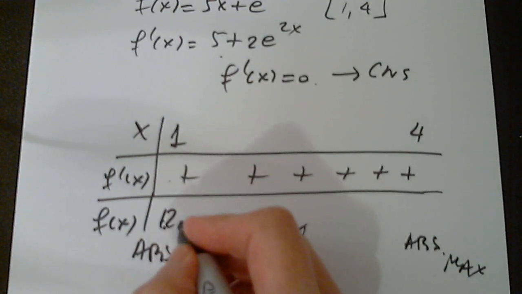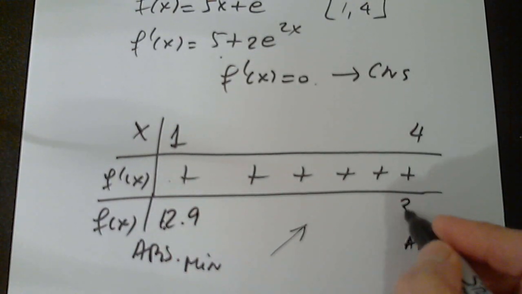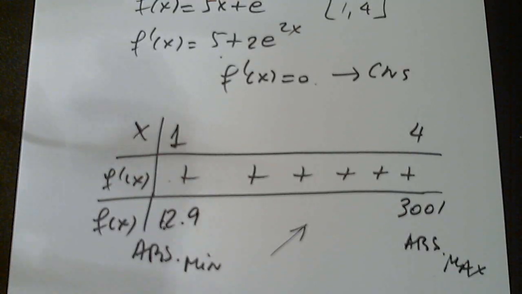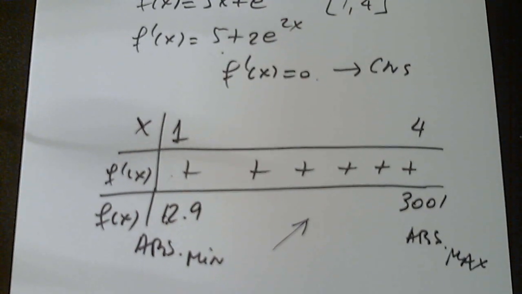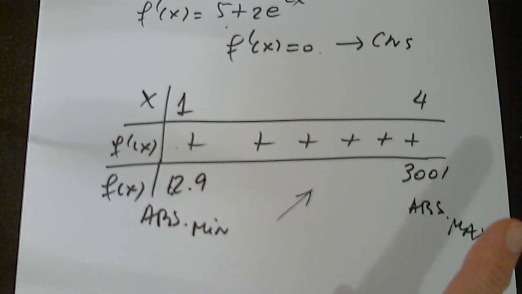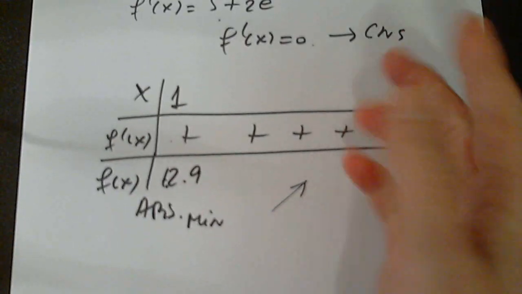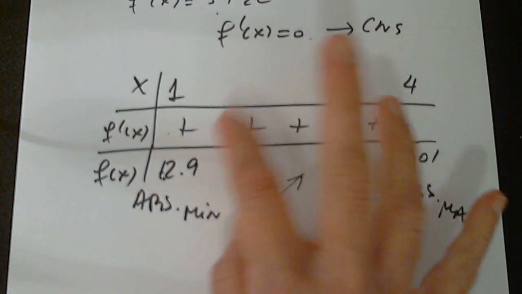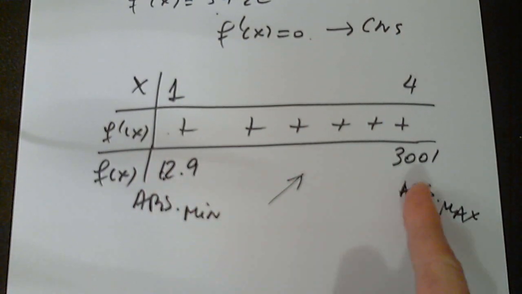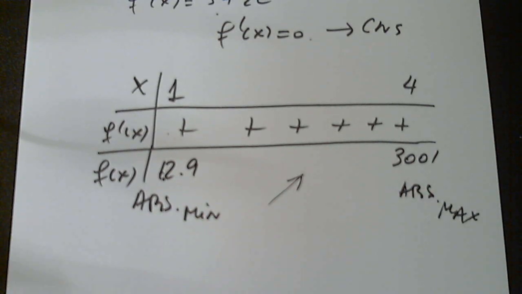At this end is 12.9, and at the other end is 3001. And there is nothing else. This is the absolute minimum, this is the absolute maximum. If it has critical numbers, then I'll put them here, 1 or more, and study the sign. And then evaluate which one is the absolute max or the absolute min.